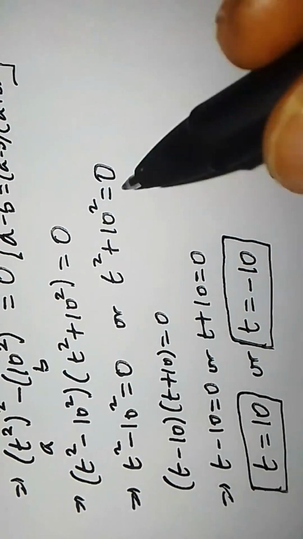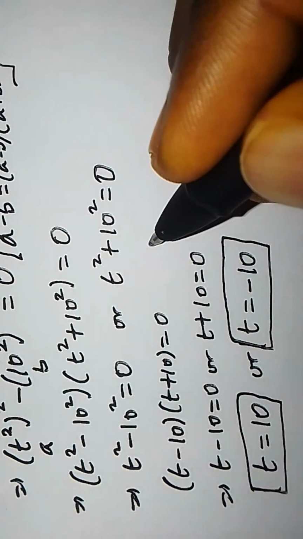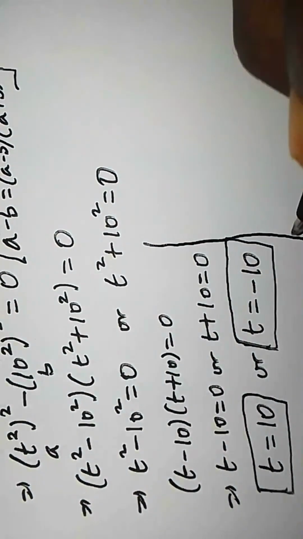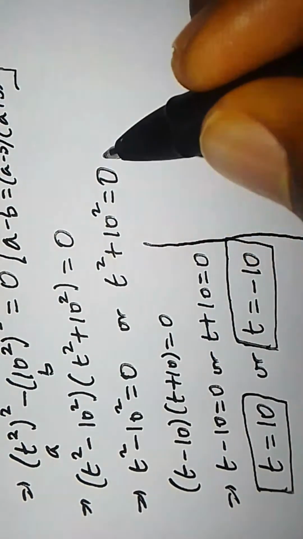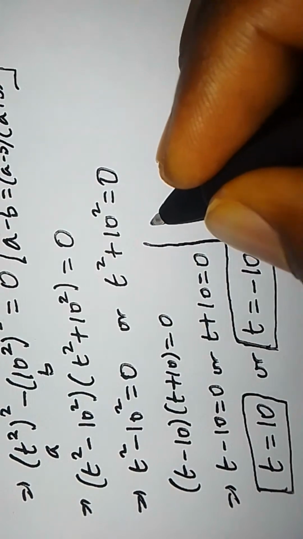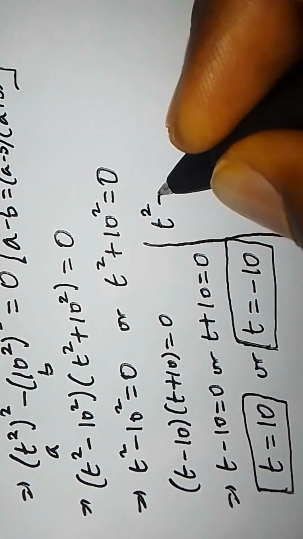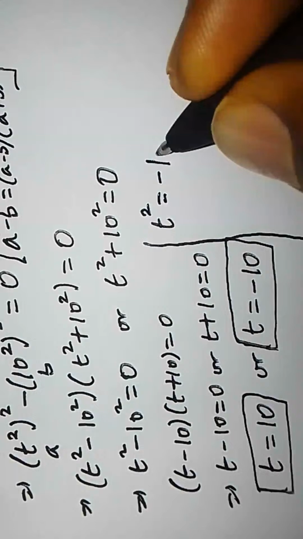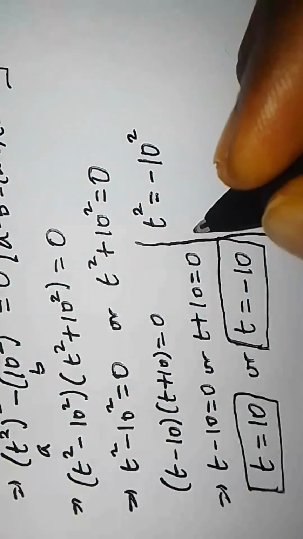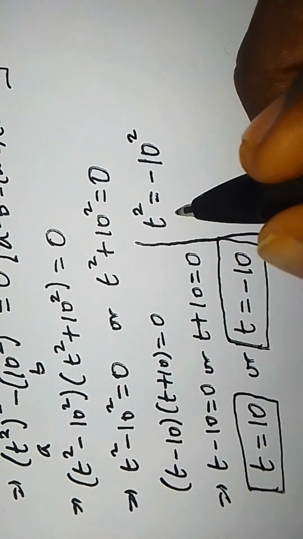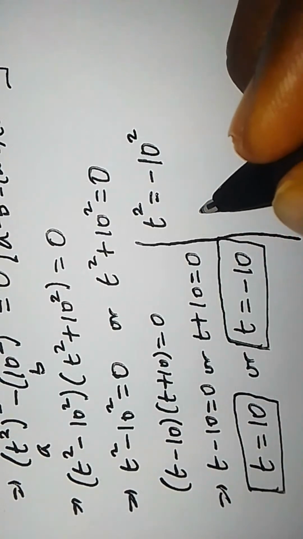Now back to the other one. Let's isolate it. If we move 10^2 to the right-hand side, we have t^2 equal to minus 10^2. So now let us take the square root of both sides.